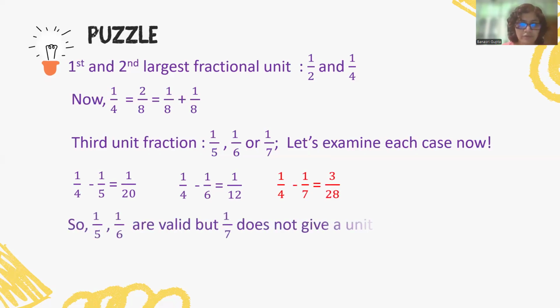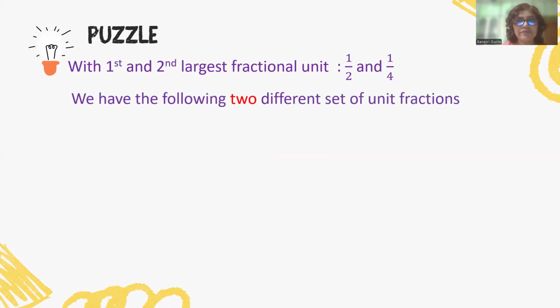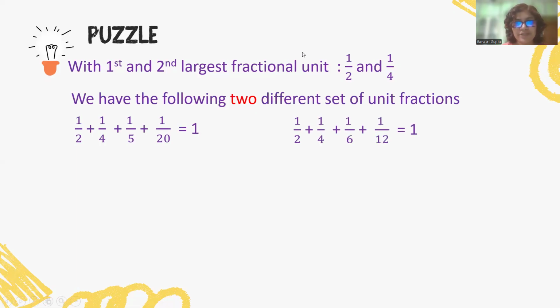So 1 by 5 and 1 by 6 are valid, but 1 by 7 does not. So we have two different sets of unit fractions. So with the first largest as half and the second largest as 1/4, we get two different sets of unit fractions which add up to 1.